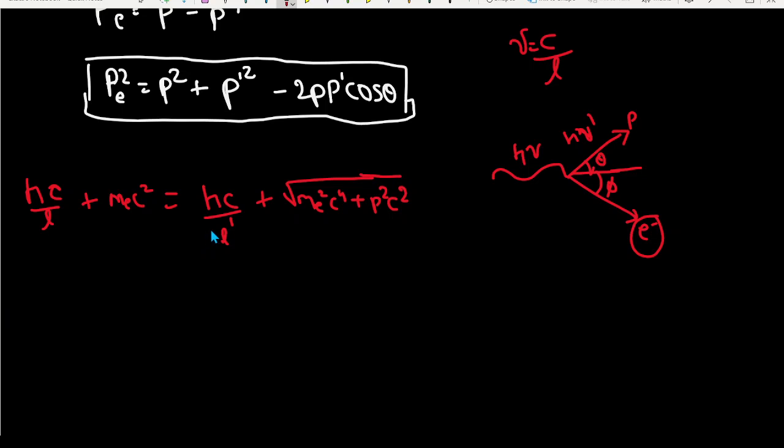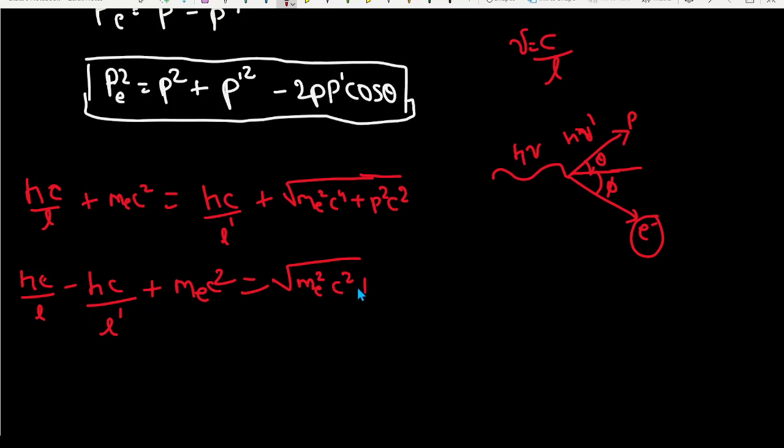Now I will take the photon term to the left hand side: hc upon lambda minus hc upon lambda dash plus m_e c square equals root under m_e square c^4 plus p square c square.